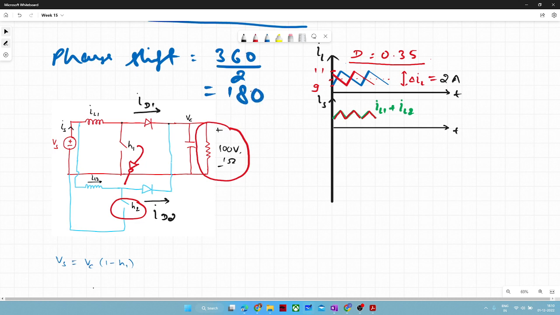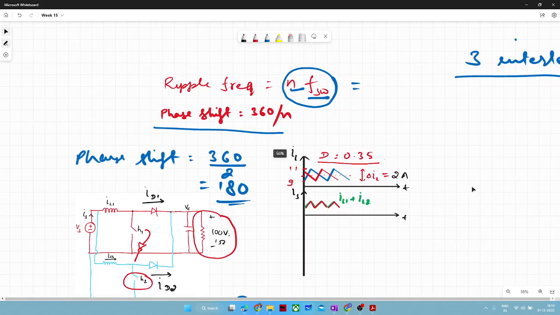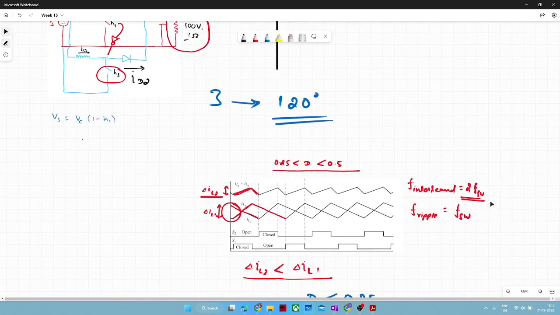Yeah, correct. If you connect three, then what will be the phase shift? Simple mathematics. So 120 in the case of three. In that manner, the more converters you add, the less ripple you will get with a limited value of inductance. That was the point I wanted to discuss here.